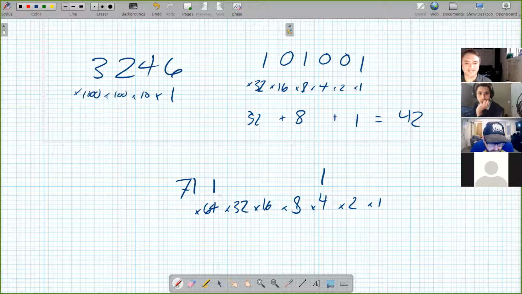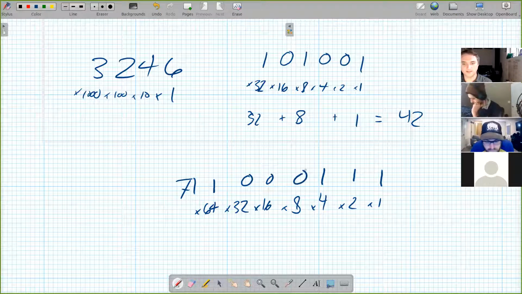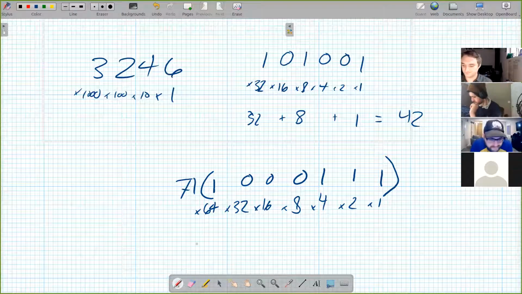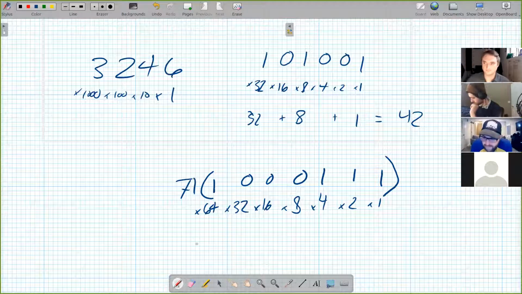So we end up with 68. 70, 71. Everything else is a 0. So that binary number is that decimal number. That's how you count in binary.